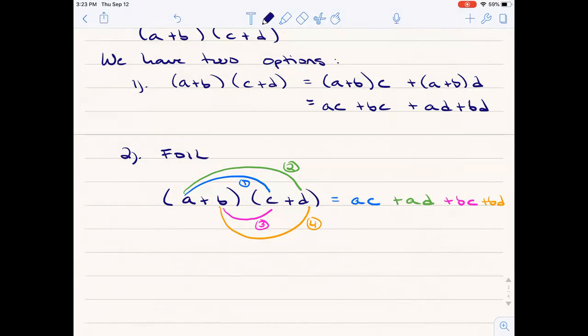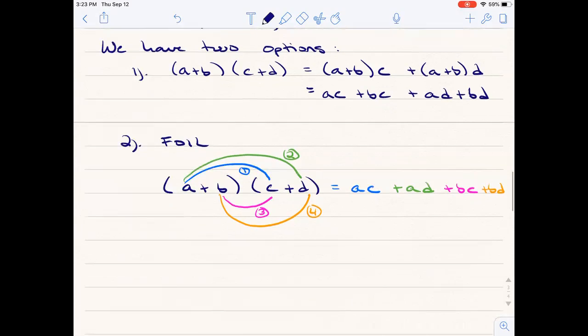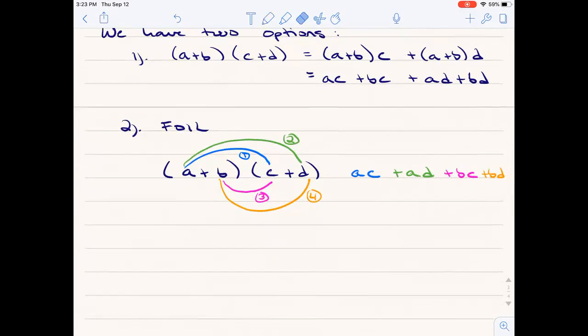A times C, B times C got bumped to here, AD is here, BD is here, right? But these exact same terms. So it doesn't matter, I don't care which way you do it. I think it's pretty fun to do this, boom, boom, boom, boom, right? And so I'll do that, but whichever way you want to do is fine. Okay? So let's do an example. First, I'm going to change this equal sign.